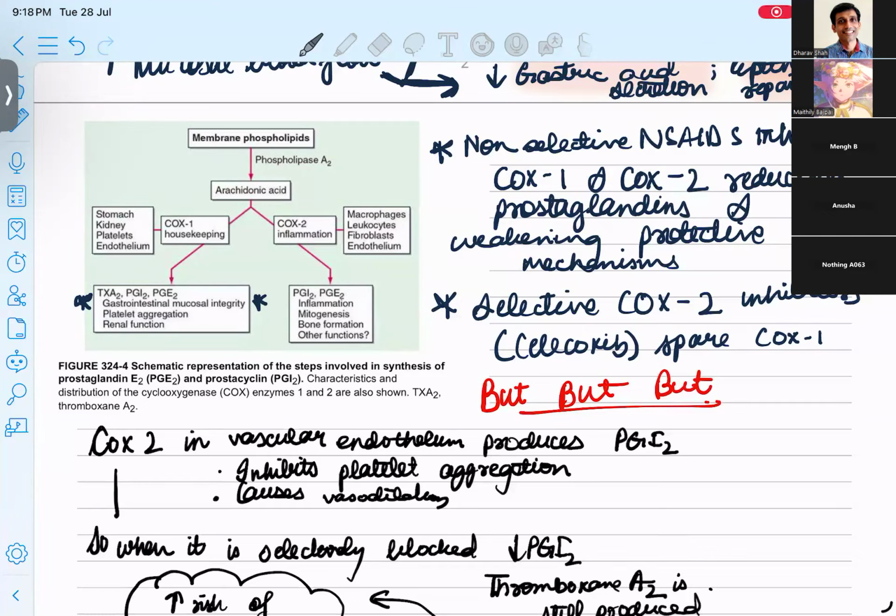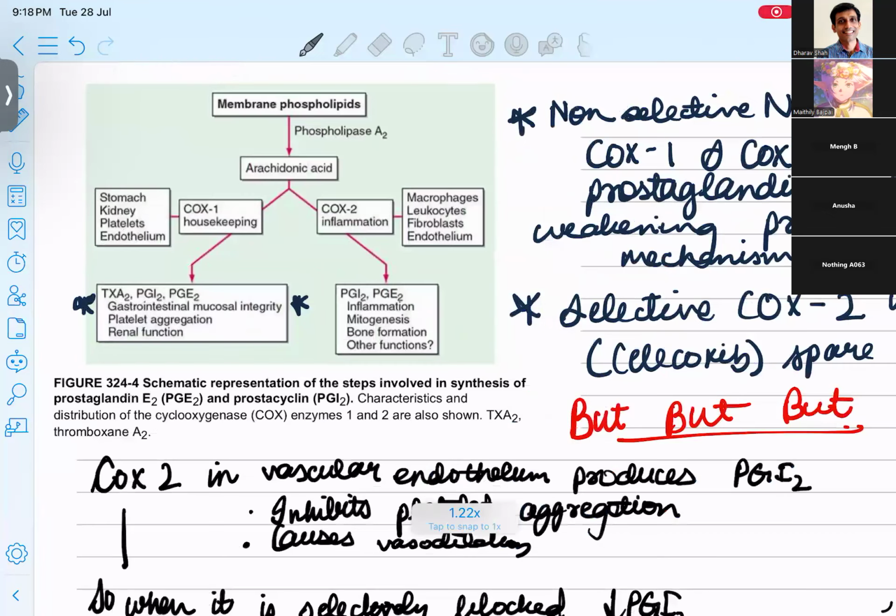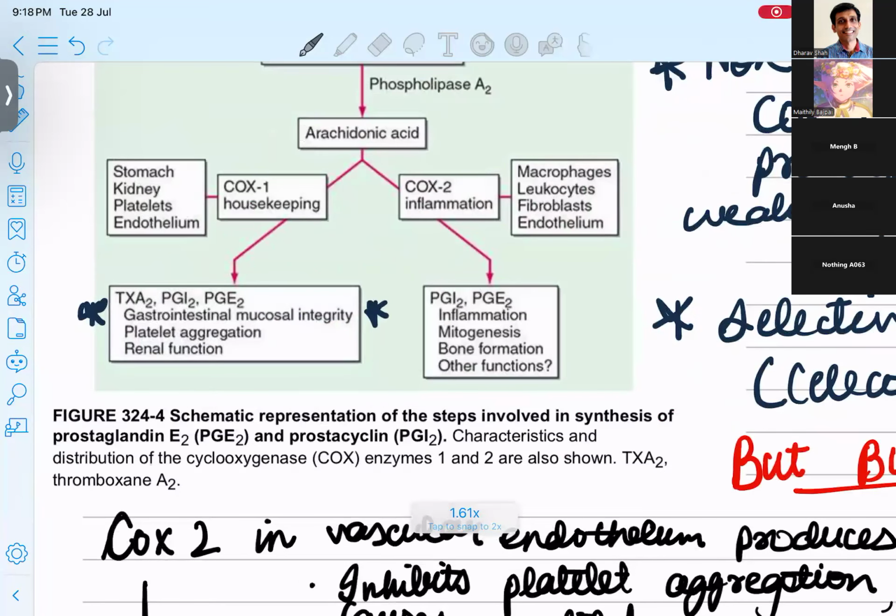Now, where they work is also important. क्योंकि COX1, as we said, is for housekeeping. So it secretes PGI2, PGE2, and thromboxane A2. So it is important for gastrointestinal mucosal integrity, platelet aggregation, and renal function. All three functions are very important in understanding of the concept of NSAIDs too.